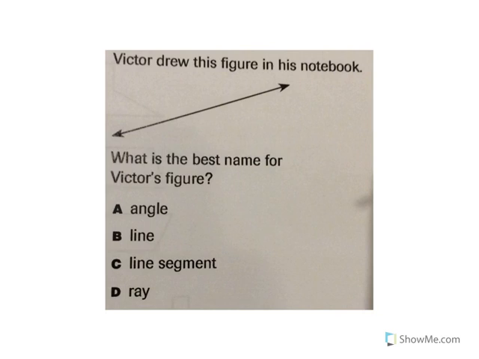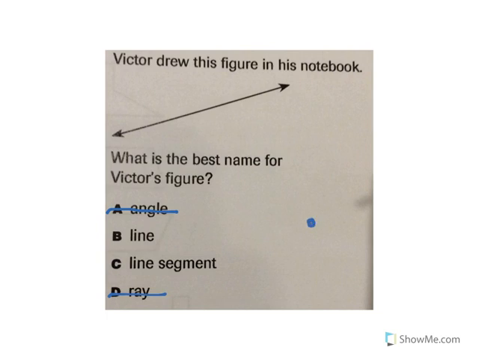Okay, so Victor drew this figure in his notebook. Looking at it, what would you say is the best name for Victor's figure? Is it an angle, a line segment, or a ray? It is not an angle because that would take two lines. It is not a ray.